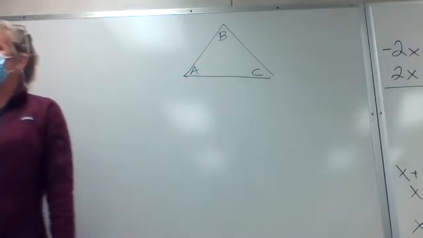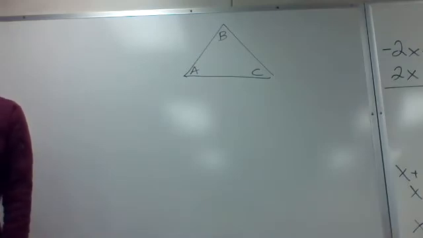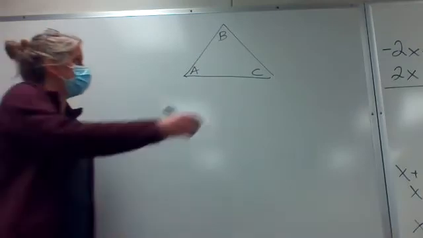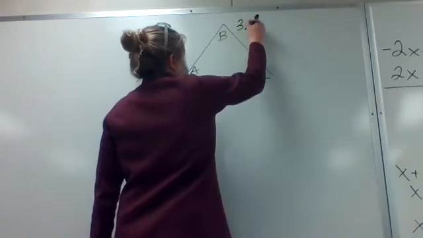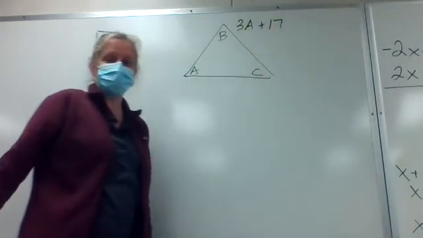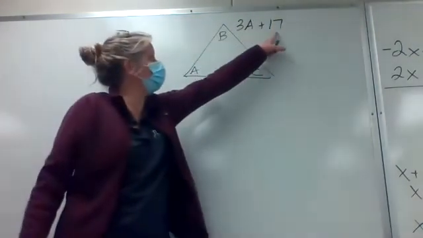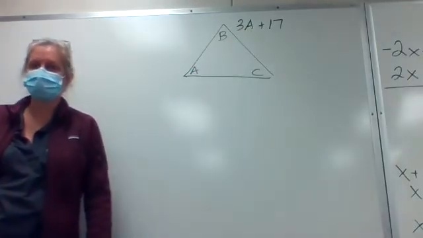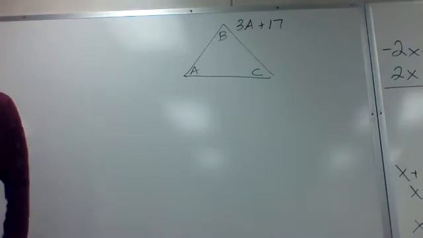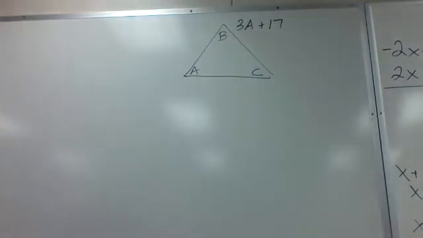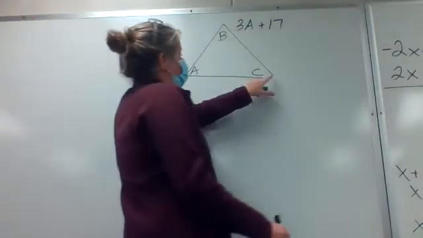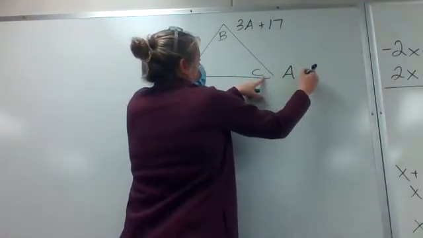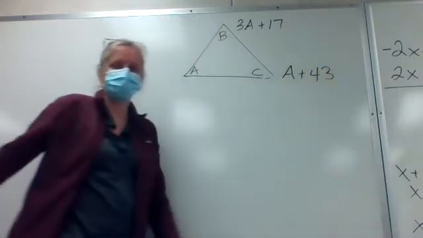It's 17 more than 3 times A. So how can I write that? 3A plus 17, right? That's 17 more than 3 times the measure of angle A. It also tells me that angle C is 43 more than A. So what can I call C? If it's 43 more than A, good.